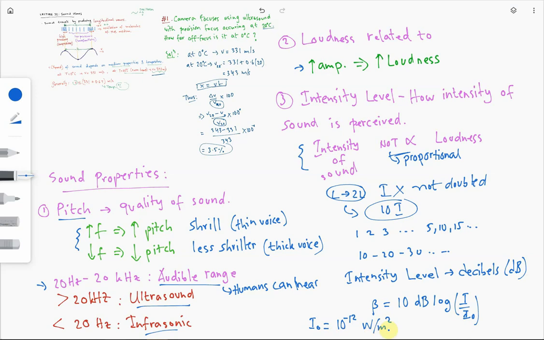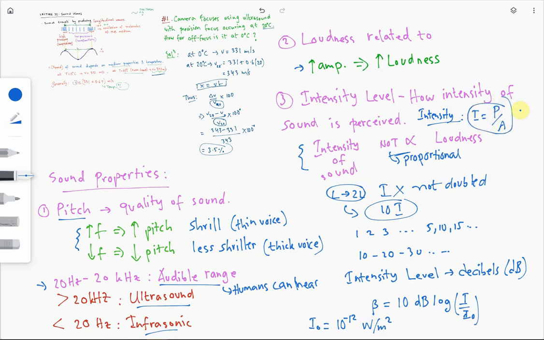The unit of intensity, watt per meter squared, is still the same. Our definition for intensity is still the same. Intensity is defined for all waves as I equals power over area.